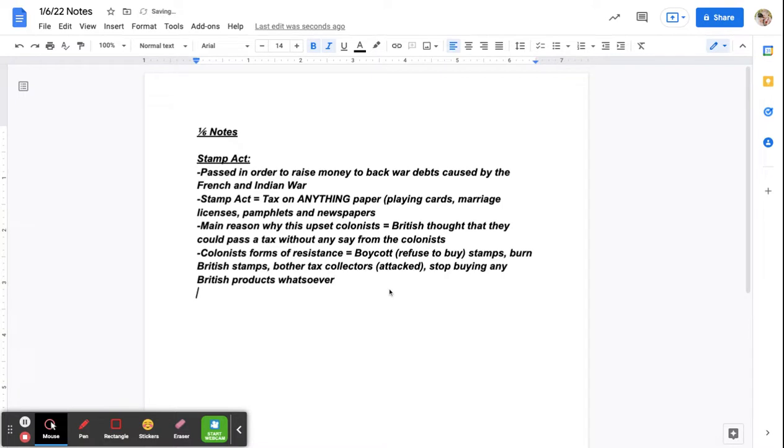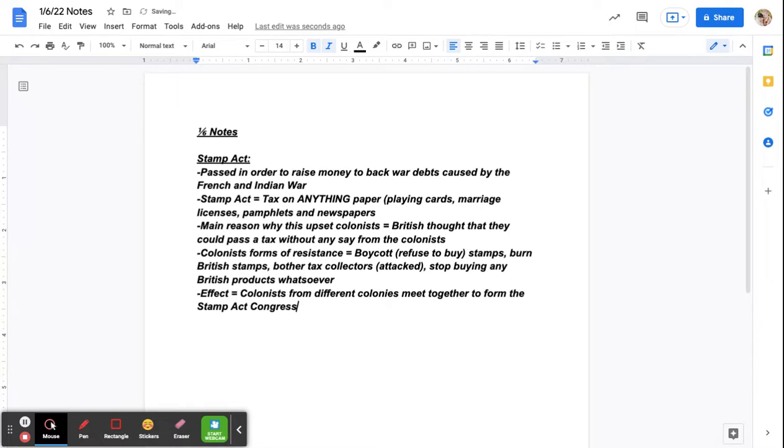So there's another effect that comes out of the Stamp Act, okay, and it's something that King George is definitely not happy about. Another effect that comes from the Stamp Act is that many colonists from different colonies meet together to form the Stamp Act Congress.